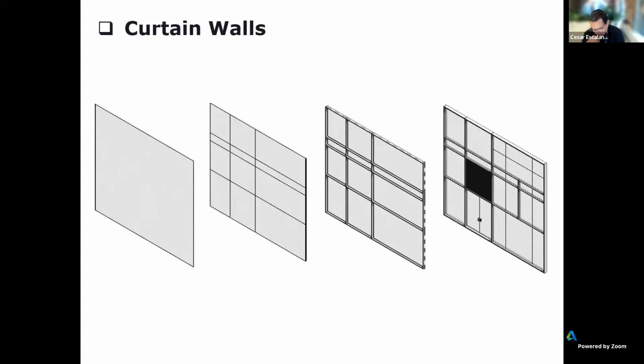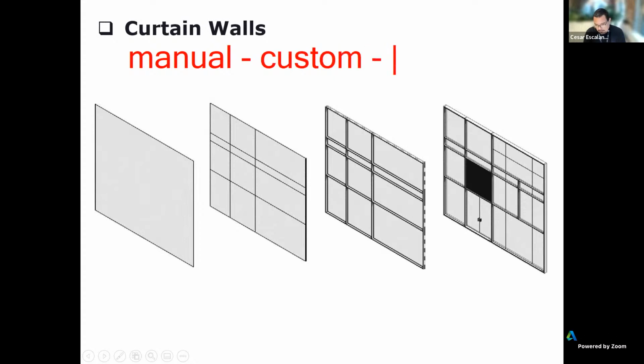That's the way we add entry doors to a curtain wall. All right, this is the manual, custom process. This is the hard method because it's more involved.